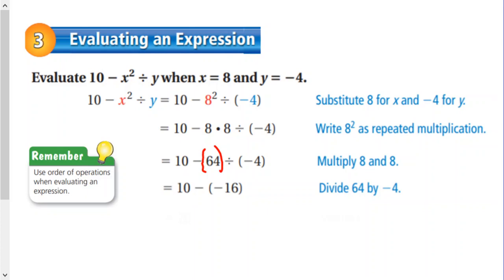Okay, and remember from our adding and subtracting integer lessons, subtraction is really adding the opposite. So you can also do this as 10 plus 16, and that will give you a 26. Okay, so when we evaluate this expression, we can simplify it all the way down to 26 when x is 8 and y is negative 4.